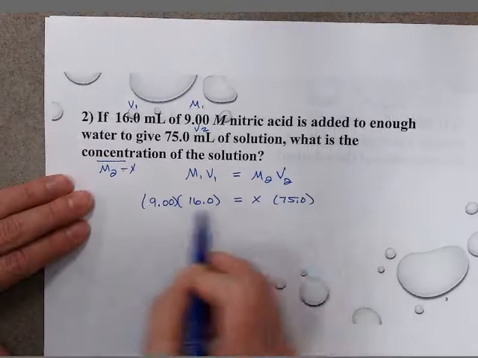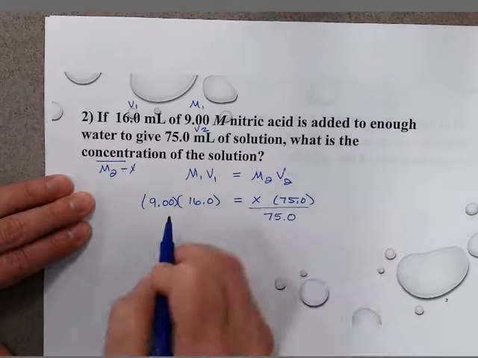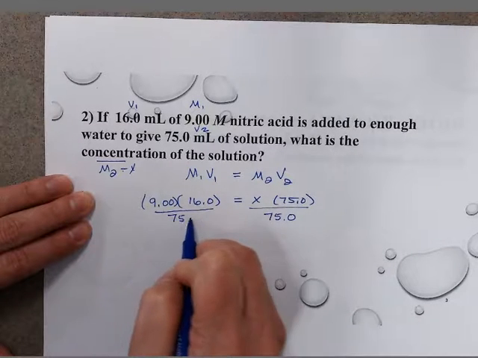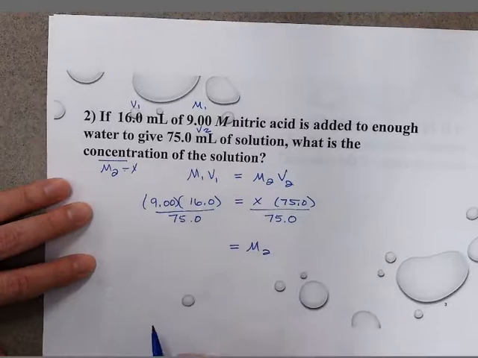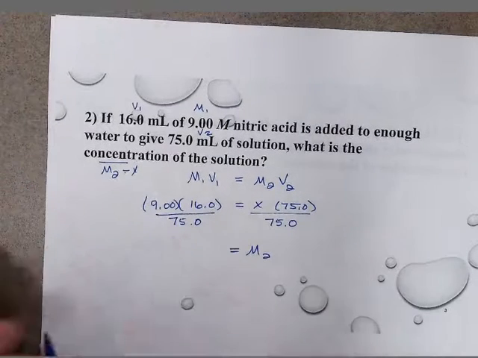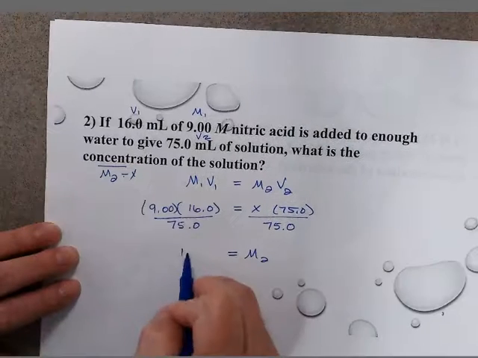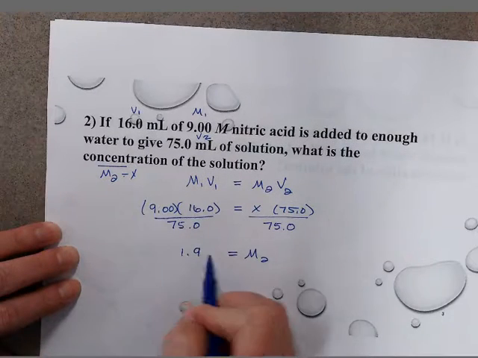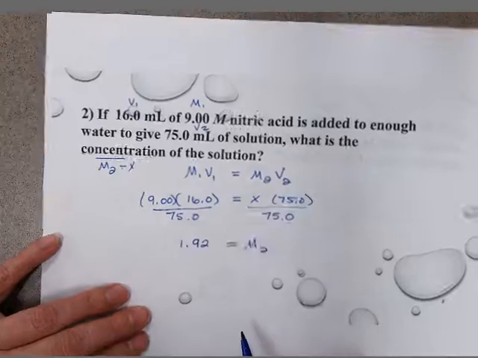Okay, since these are multiplications, we need to undo multiply with division. We find that our new concentration is going to be 9 times 16 divided by 75, which is our final rounded answer, 3, 3, and 3, because you don't get anything else, is 1.92.